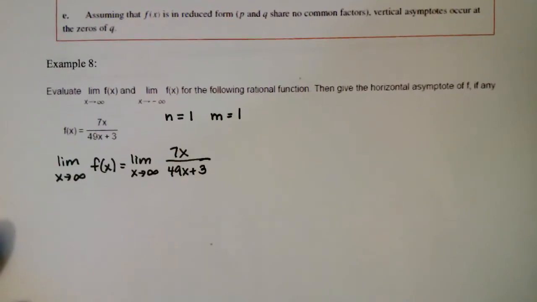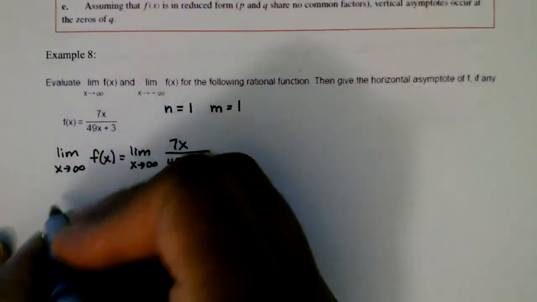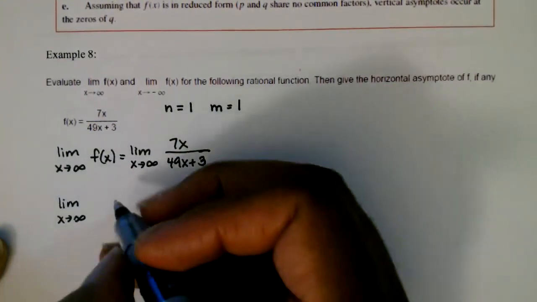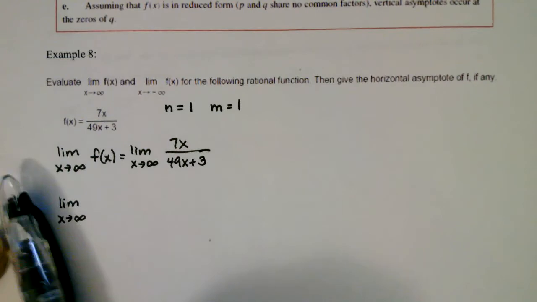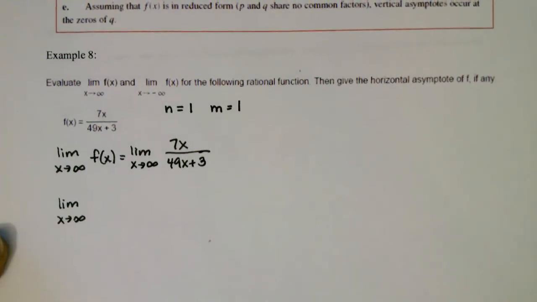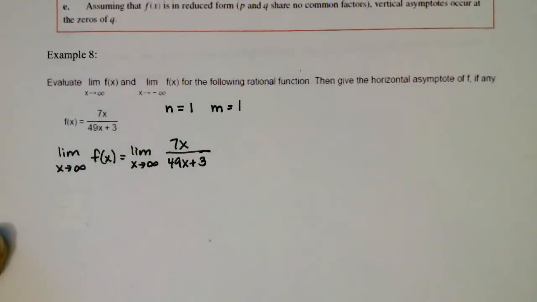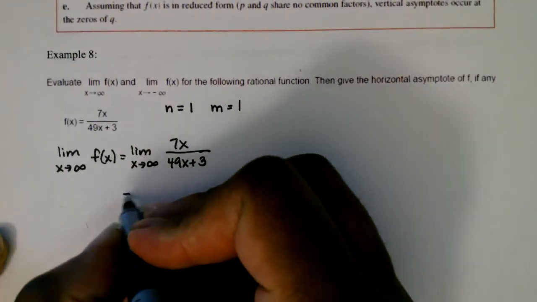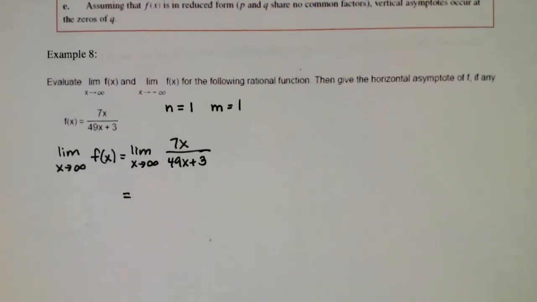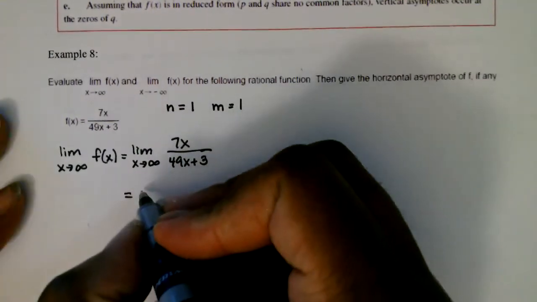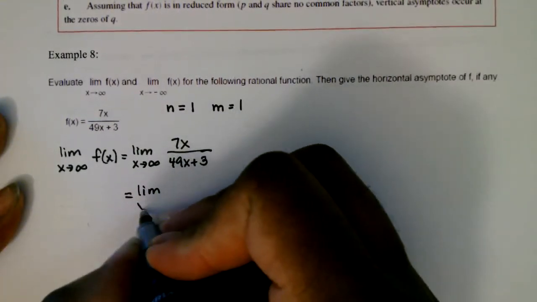And now we can take the limit as x approaches infinity. Well, I don't need to write that, I already have that right here anyway. So let me wipe that out. So let's go from here. We can do this, divide the numerator and the denominator by the highest exponent in the denominator.